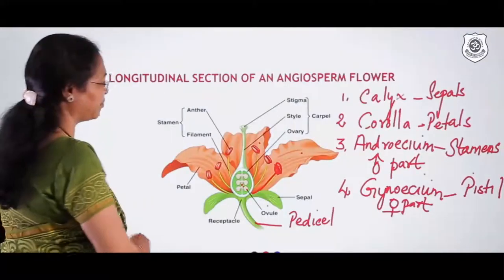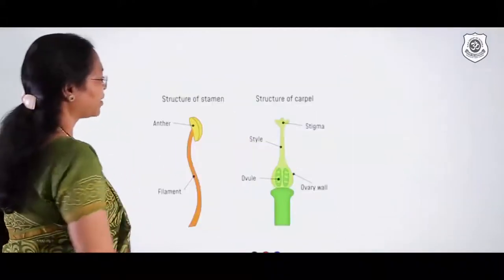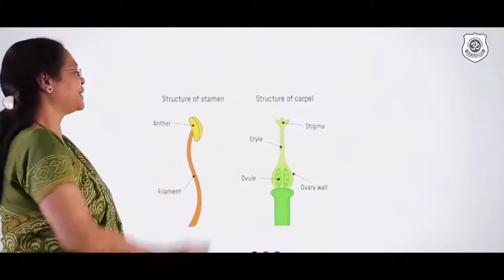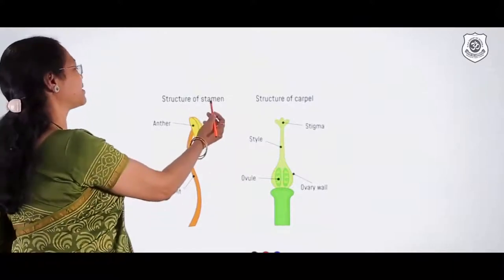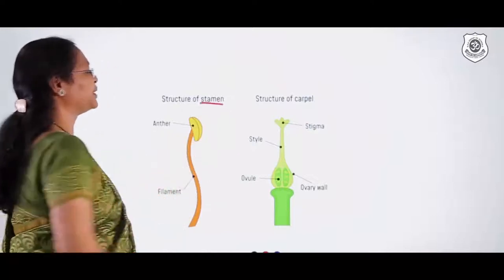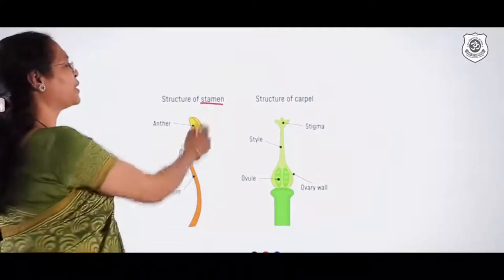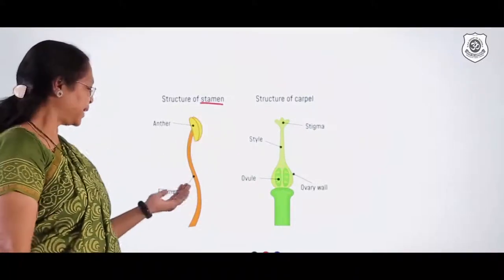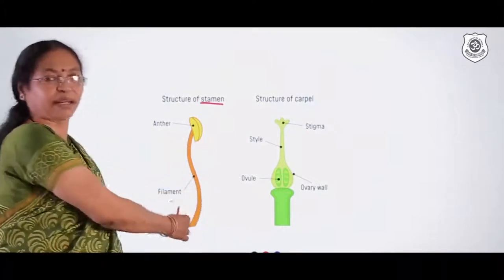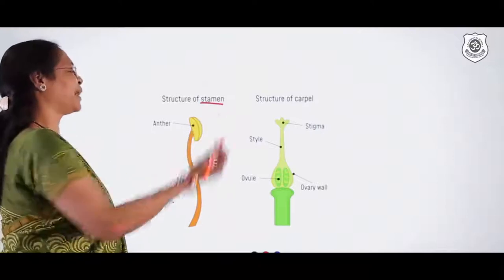Now we go further in understanding the male and female part very clearly. Just now I said the male sex organs are referred to as the stamens. What is a stamen made up of? A stamen is made up of filament and anther. It has a stalk-like filament and it has an anther.